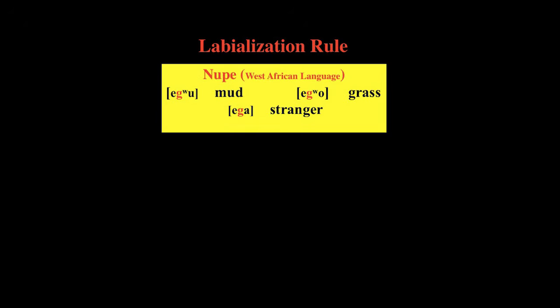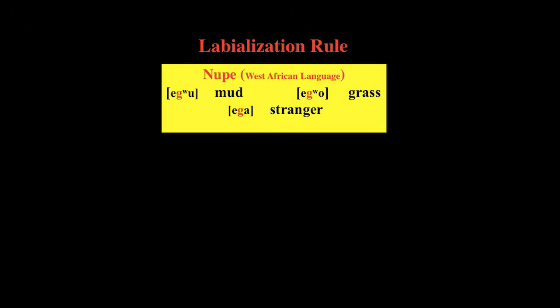Now, the g sound in ega is normally pronounced as a velar stop. But in the words egu and ego, we notice that the g sound is labialized. This is very clear if you can see the w as a superscript, which denotes a secondary modification that is superimposed on the primary articulation of the g sound.